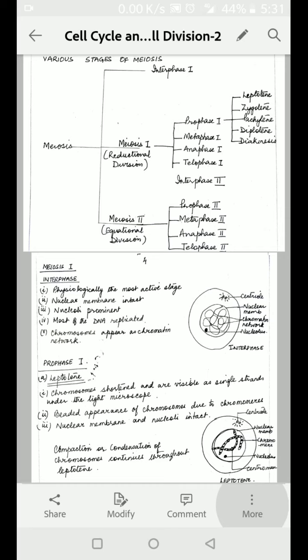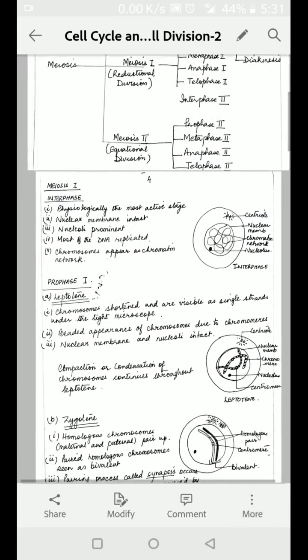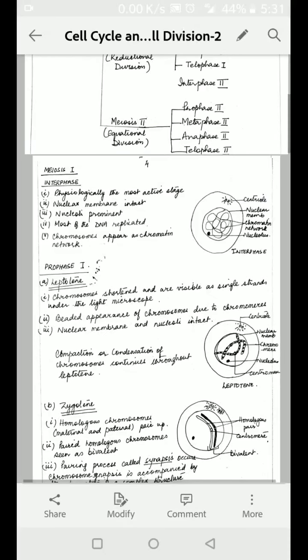Prophase 1, as I told you, is divided into 5 substages. So the first stage is leptotene. Now each of these stages, I have mentioned the important events that take place here in points and the diagrams for each of these substages.